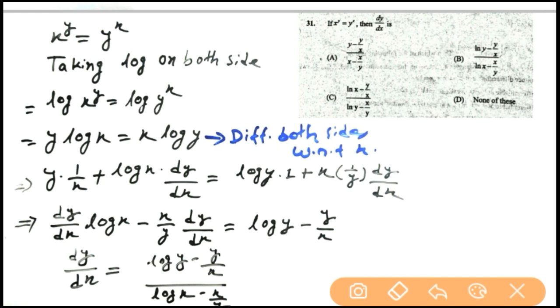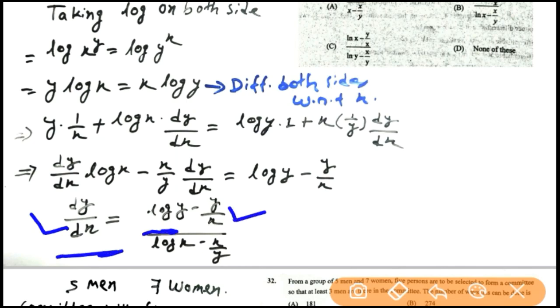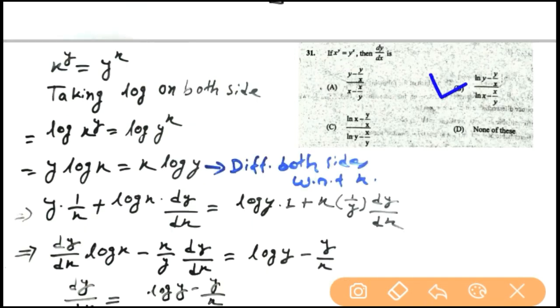Now we have dy by dx into log x minus x by y into dy by dx equal to log y minus y by x. Further solving this, we will get dy by dx equal to log y minus y by x divided by log x minus x by y. That is option B is the correct answer.